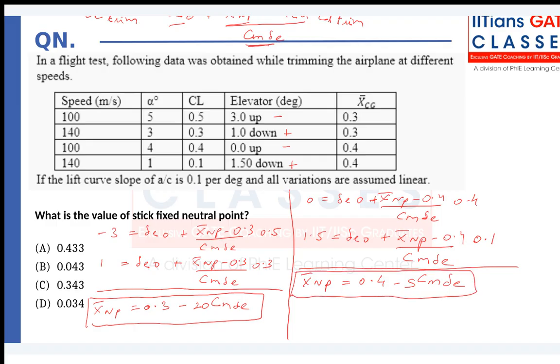Now it is straightforward. You have two equations, two unknowns. It's very simple, so I'll just write the final value. X bar np I'm getting as 0.433. Okay, is this clear? Have you used some other method? Should we wait a little while for you to solve yours and see if you're getting the right answer?